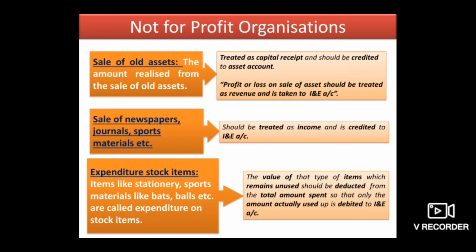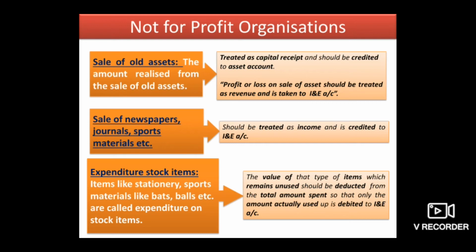Expenditure stock items. It means items like stationery, sports materials like bats, balls, etc. are called expenditure on stock items. To make the adjustment of expenditure stock items, the value of that type of items which remains unused should be deducted from the total amount spent, so that only the amount actually used up is debited to income and expenditure account.